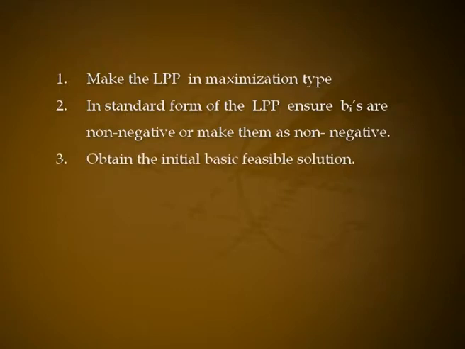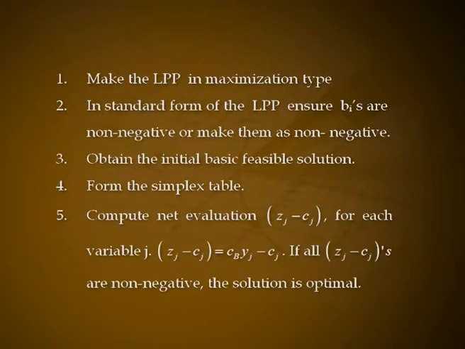Obtain the initial basic feasible solution. Step 4. Form the simplex table. Step 5. Compute net evaluation Zj minus Cj for each variable j. Zj minus Cj equal to Cb into Yj minus Cj. If all Zj minus Cj's are non-negative, the solution is optimal.